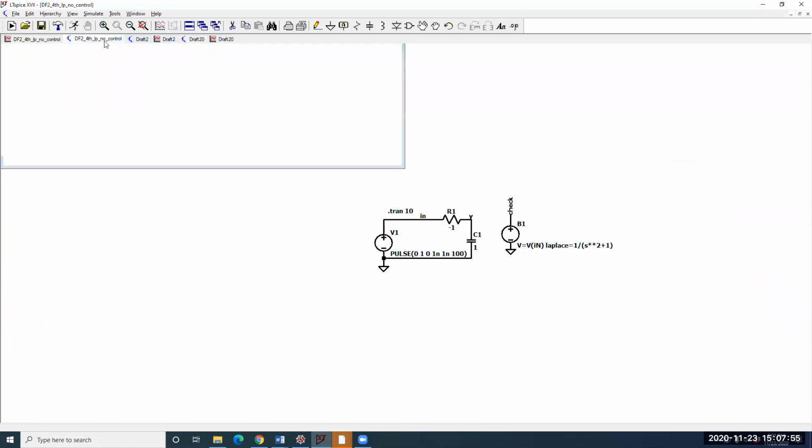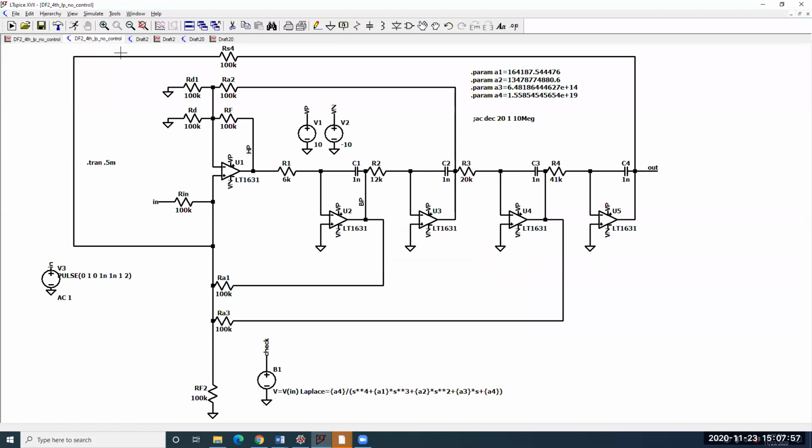Now, in this case, this is a fourth order low pass filter.